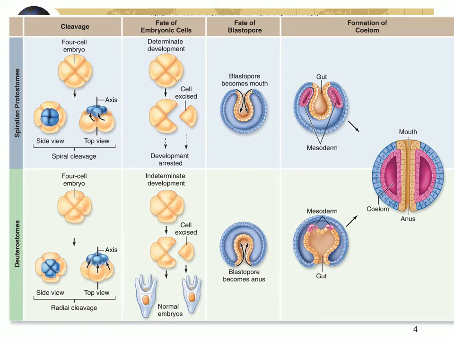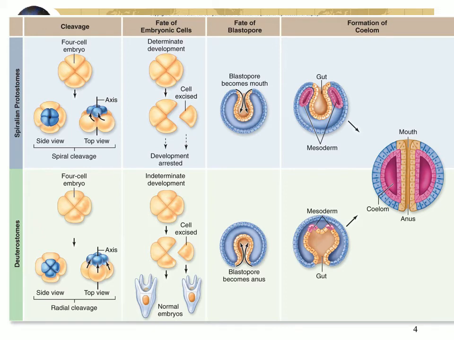Here we have the two general patterns of development. We have a group of organisms called the protostomes. For the most part, these show a spiral cleavage where the cells twist as they divide and the tiers wind up offset from one another. The cells in early development have a fate that's already been determined.